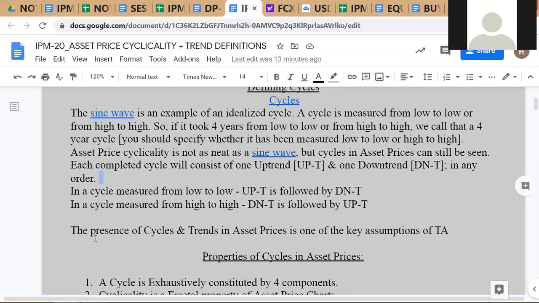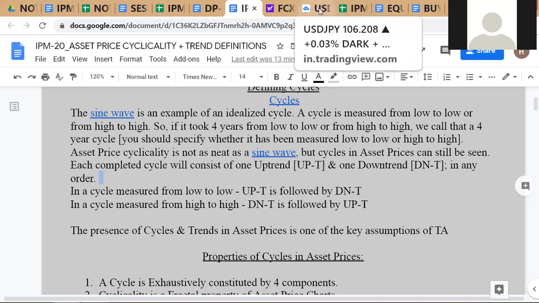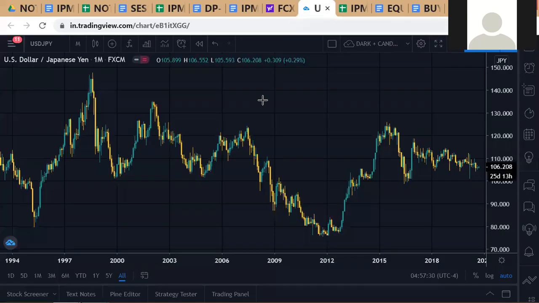Okay, so as I said, presence of cycles and trends is one of the key assumptions of TA, because you will see that everything we do in TA requires the market to move in cycles and trends. Obviously, if you say cycles, it automatically includes trends, because there are only two types of cycles: low to low or high to high.